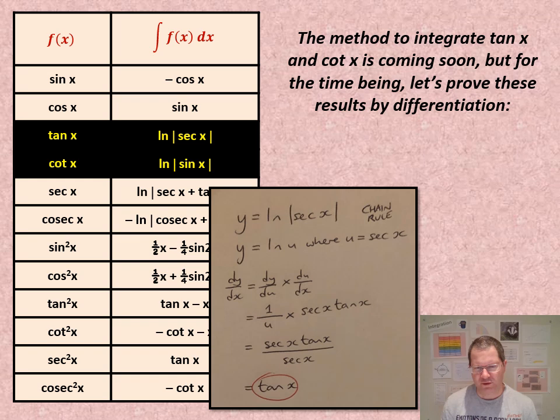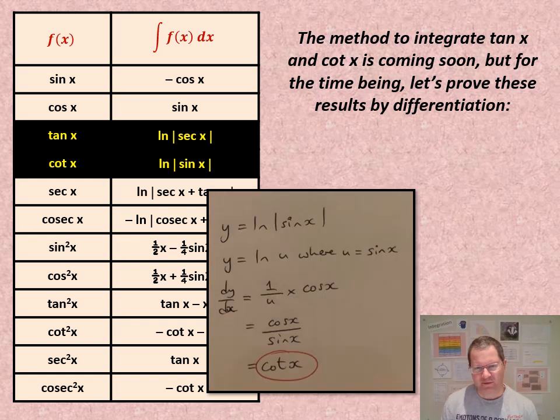If y equals log u, then dy by du is 1 over u. If u equals sec x, then du by dx is sec x tan x. So we get sec x tan x over u, where u is sec x. The sec x's cancel and leave us with tan x. So if y equals log sec x, then dy by dx is tan x, and hence the integral of tan x is log sec x.